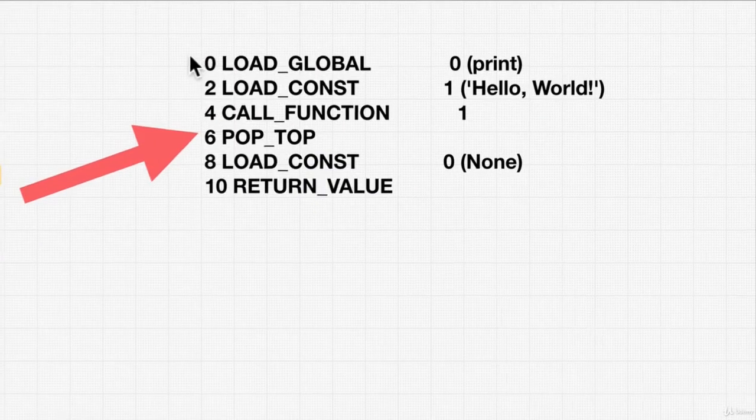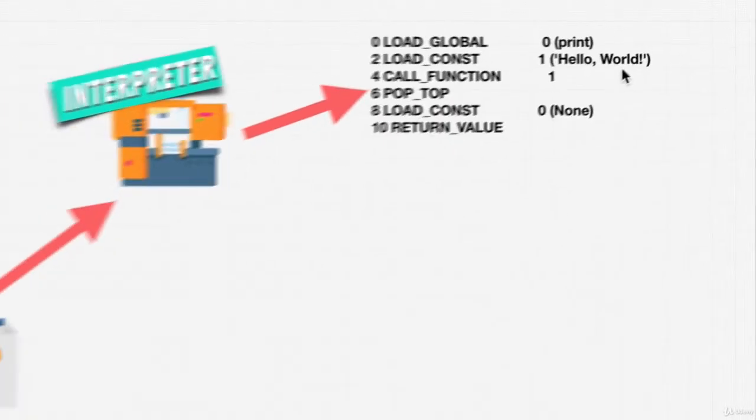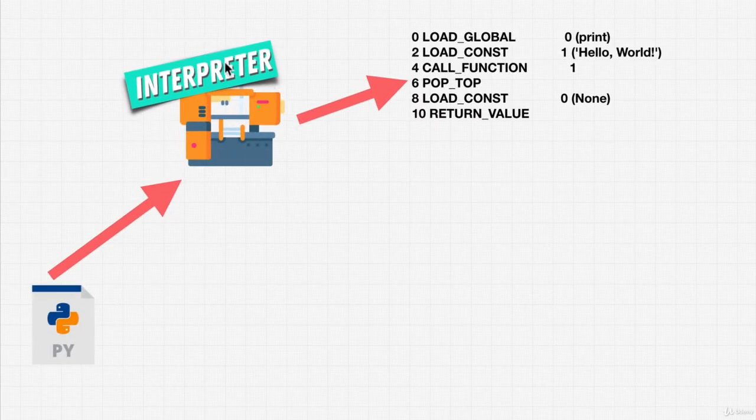For example, this bytecode prints hello world on our screen. Now, this might look like gibberish to you. And even for me, I don't know bytecode. This looks pretty confusing, just for printing hello world to the screen. Well, the interpreter does that automatically for us. We don't see it. It's behind the scenes.